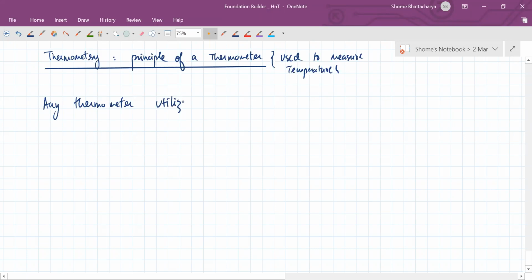It utilizes a certain physical quantity.